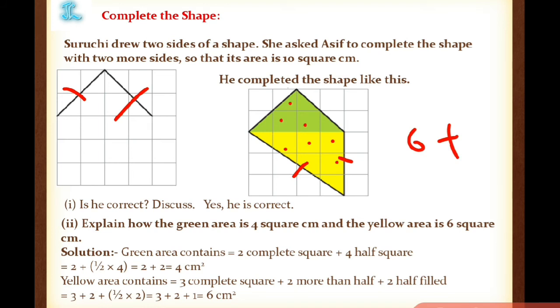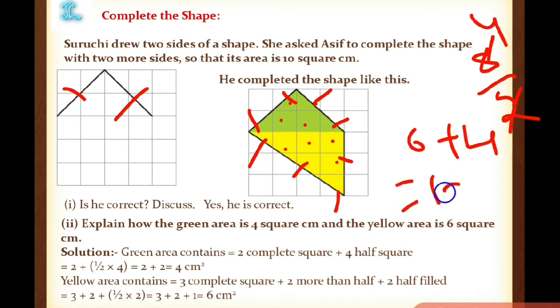This is also exact half, exact half, exact half. This is also exact half. This is also exact half. So, how many are there? 1, 2, 3, 4, 5, 6, 7, 8 exact halves are there. Means 8 halves, that is 8 by 2, which is 4. So, 6 plus 4 is equal to 10.